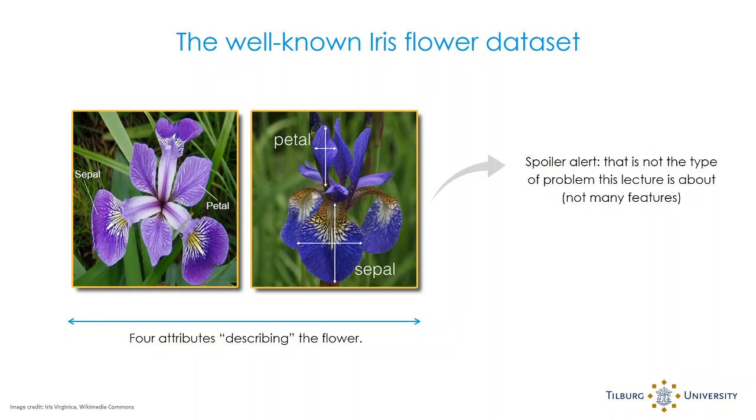Because if we have a data mining model built on a data set and we have only four features, this is something that is feasible. So we don't need to be concerned about that problem.